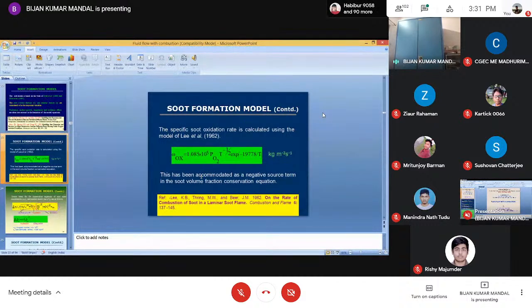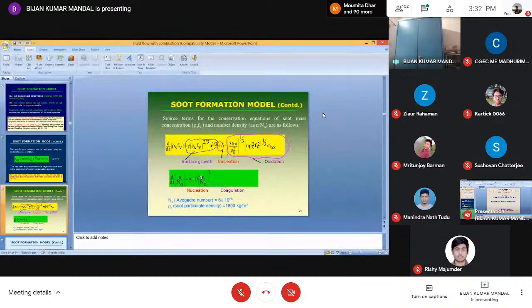This is due to the limitation of our model, because we didn't take detailed kinetics. We have considered here oxygen to be the oxidizer, but OH, which is also formed in an actual combustion process, is also a very good oxidizer. We cannot take that because in our equations for combustion there is no OH oxidation. So this is the model by Lee et al. That is given by this.